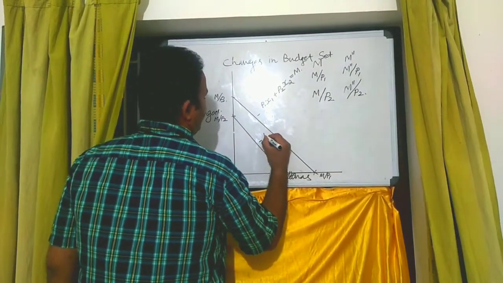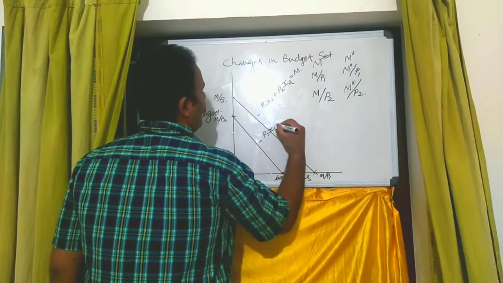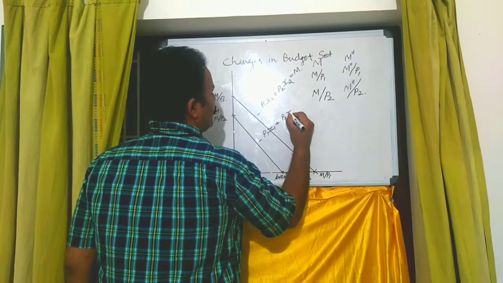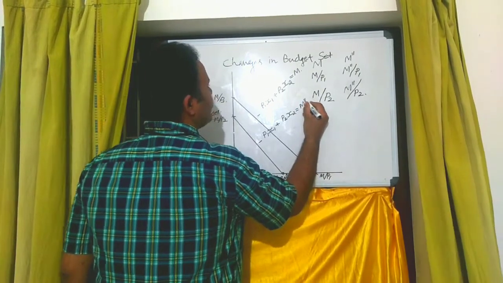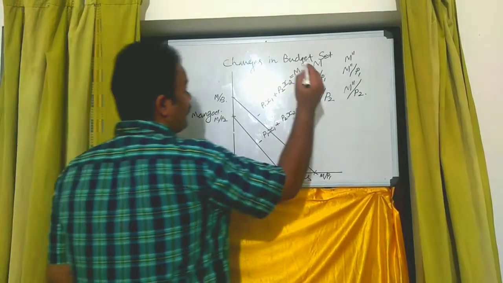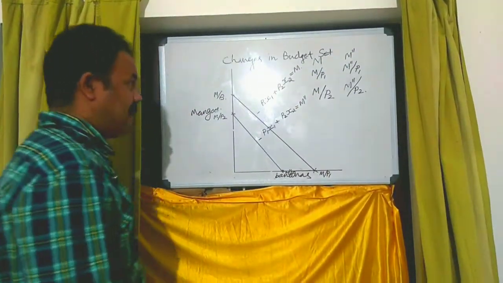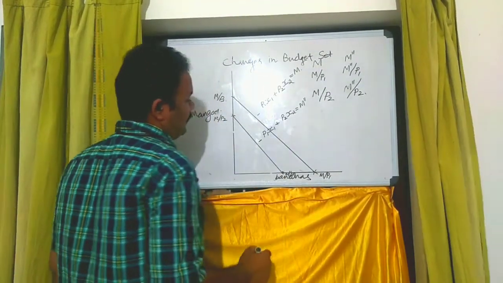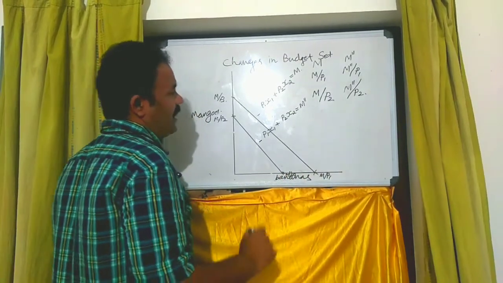This budget line represents the equation P1 x1 plus P2 x2 is equal to M double dash. Then what we can see here: when income decreases from M to M double dash, the horizontal intercept will move leftwards. Why?